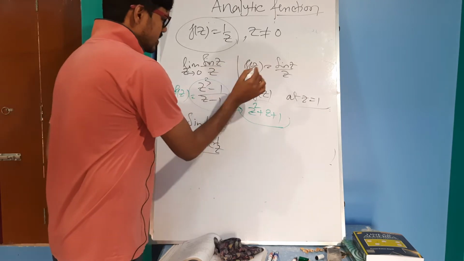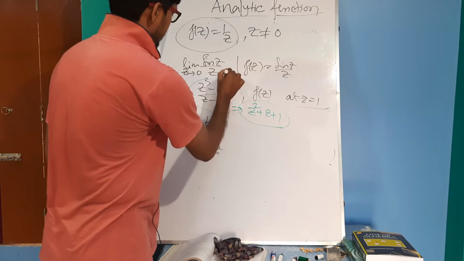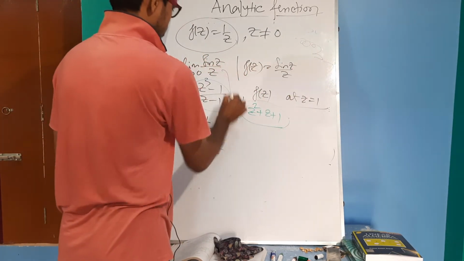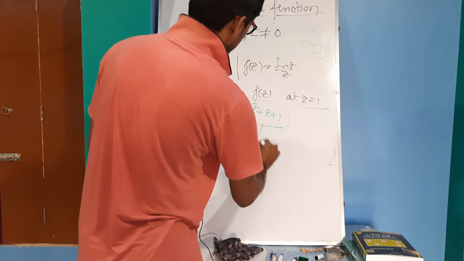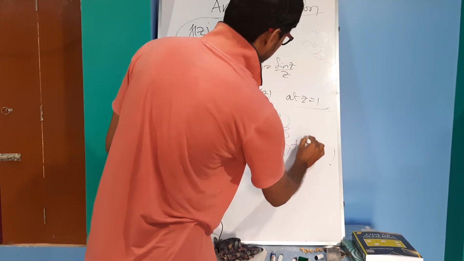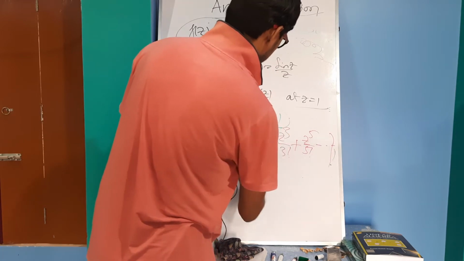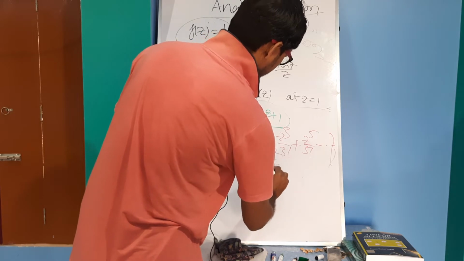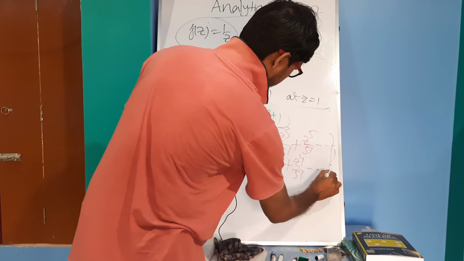But simply you can take sin z, 1 by z into z minus z cube by factorial 3 plus z to the power 5 by factorial 5 and so on. And if you simplify this, so 1 minus z square by factorial 3 plus z to the power 4 by factorial 5 and so on.